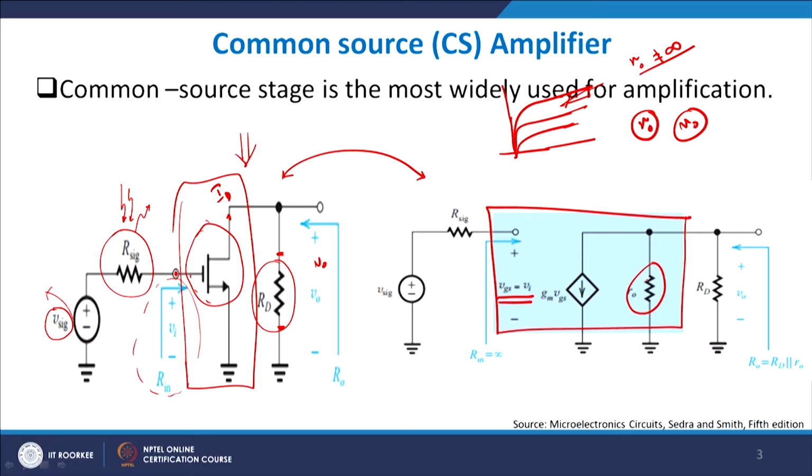So, this r0 primarily comes out because of CLM, which means that my MOS device is behaving like a non ideal current source, and therefore I will have this r0.